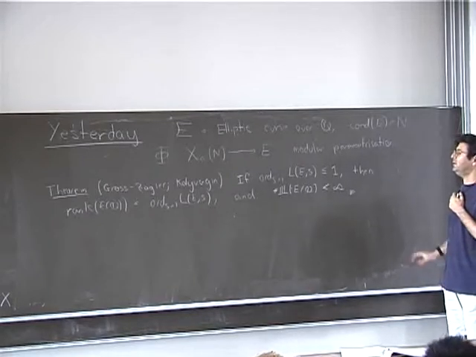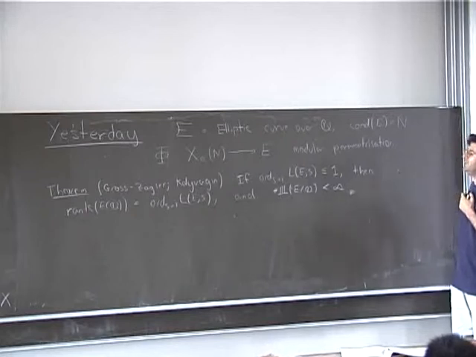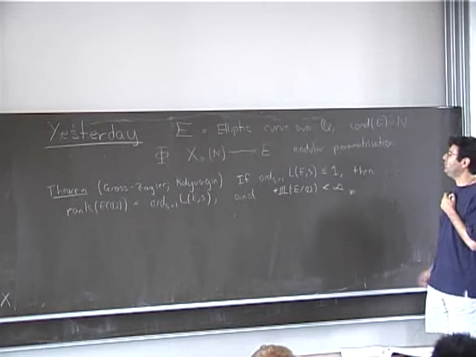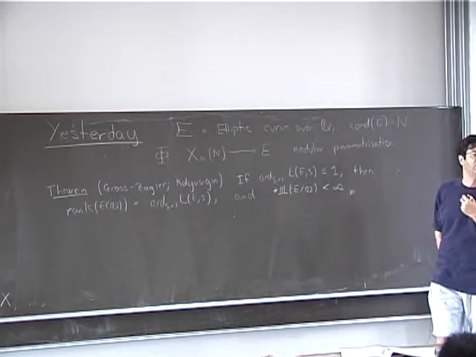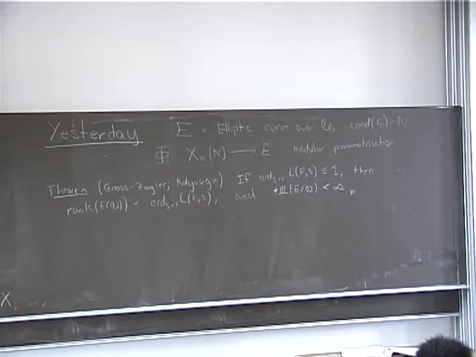So the goal today is to explain some of the major ingredients that go into the following theorem, which is the main result we have about the Birch and Swinnerton-Dyer conjecture. Thanks to this modularity, we know that the Hasse-Weil L-series of the elliptic curve has an analytic continuation, a functional equation and so on.